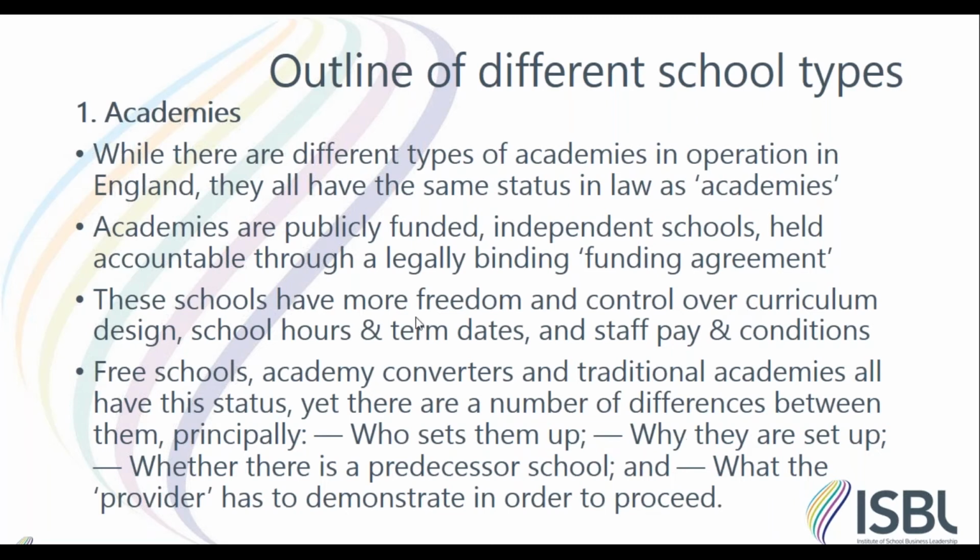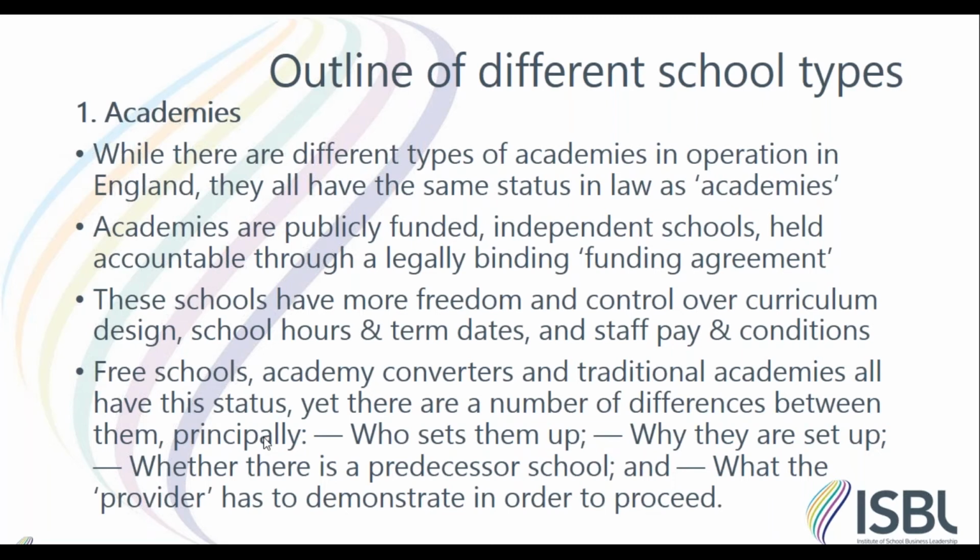All academies in England have the same status in law. They are publicly funded independent schools held accountable through a legally binding funding agreement. They have more freedoms and control over curriculum design, school hours and term dates, and indeed over staff pay and conditions.